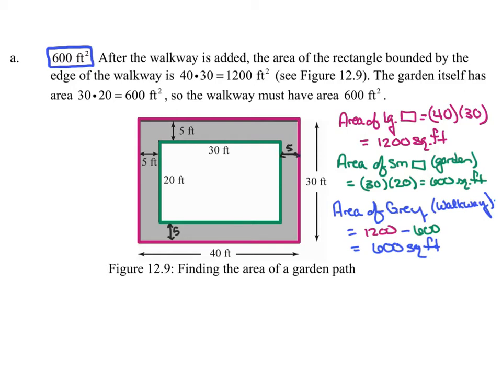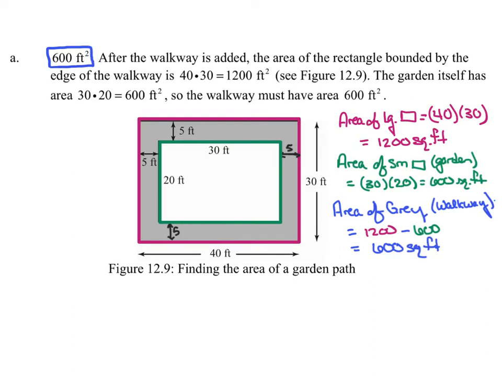What that tells us is that the distance, therefore, from the very top of the pink rectangle to the bottom is 30, because you have the 20 of the garden plus the 5 on either side for the walkway. And then across we have the 30 where the green garden is, but we have an additional 5 on either side, giving us a total of 40 feet wide.